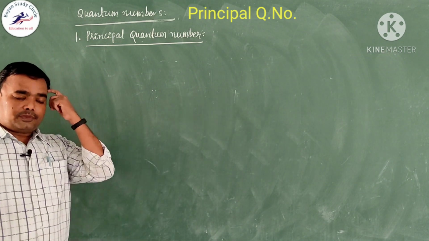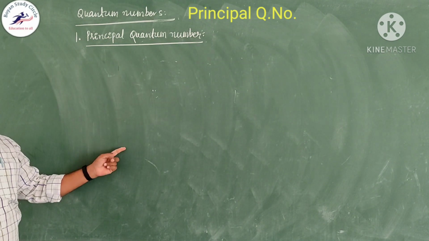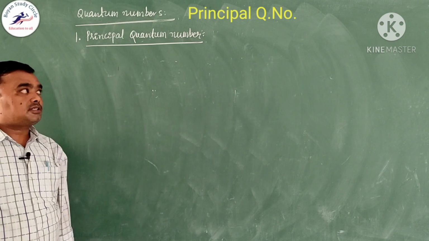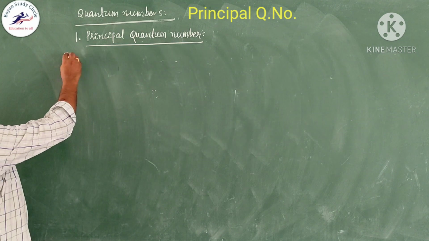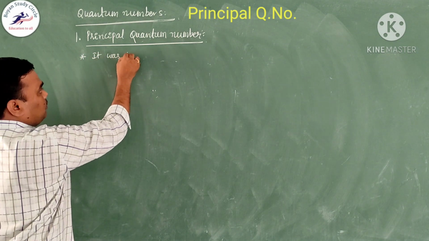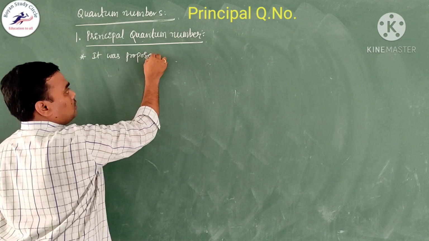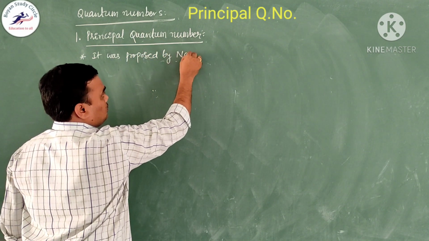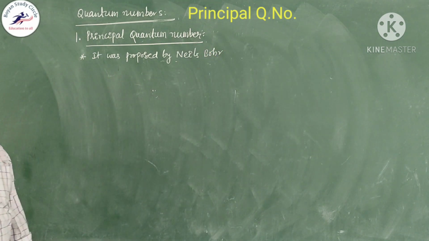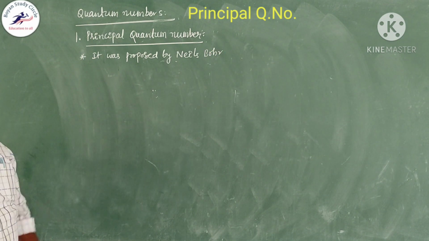Children, I will write all the points here one by one. If you want to take notes, please take a screenshot and then note down the points. So, the principal quantum number was proposed by Niels Bohr.